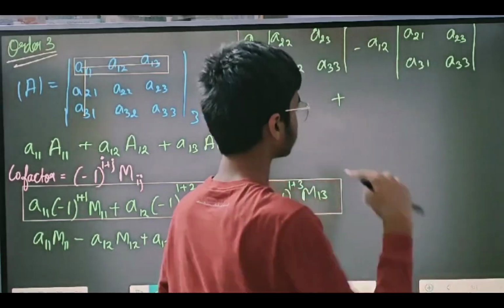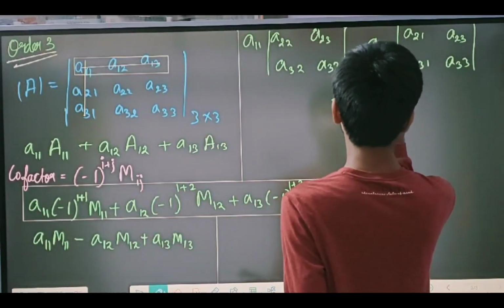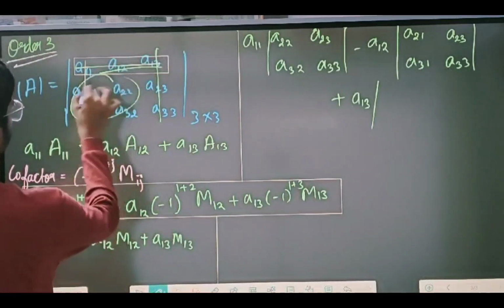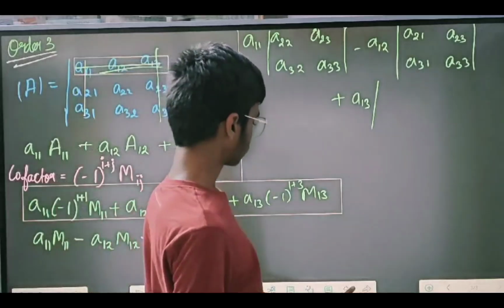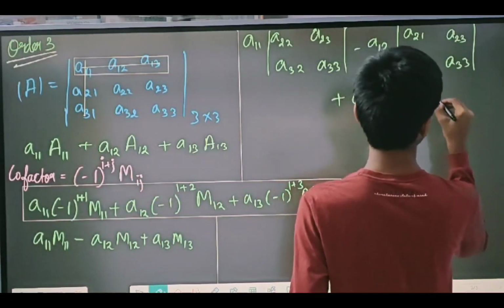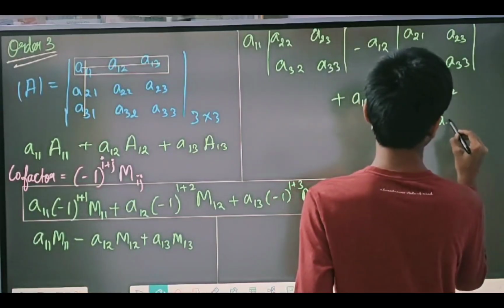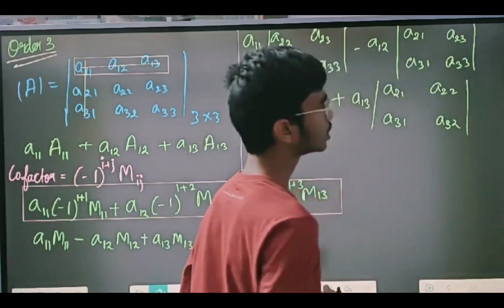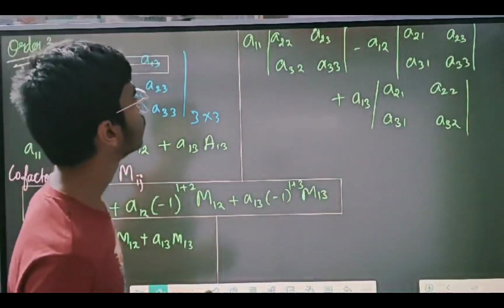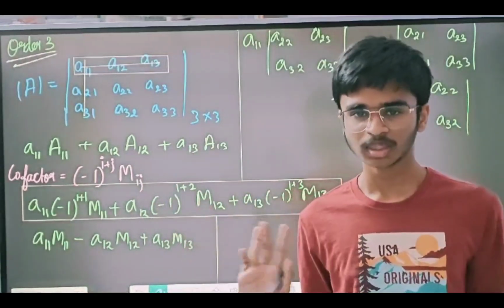Plus a13 and its minor. Delete its row and column, so the remaining 4 elements a21, a22, a31, a32 are its minor. That's it, with this it's all completed. Then if you want, you can write their determinant form. Very simple.